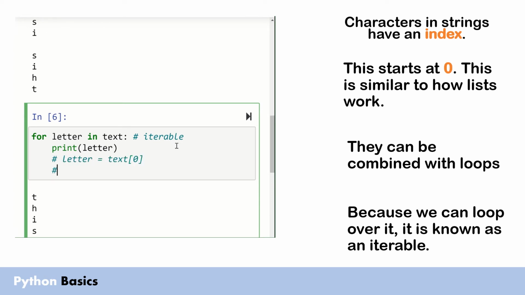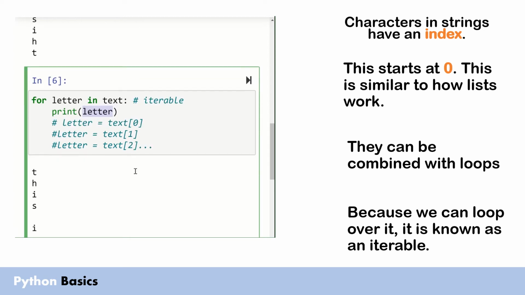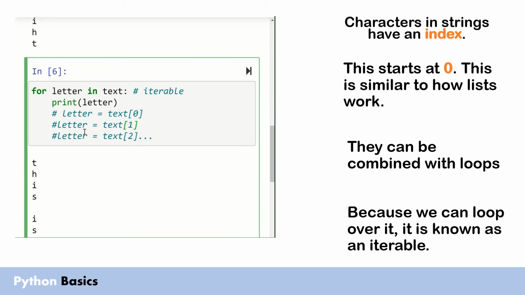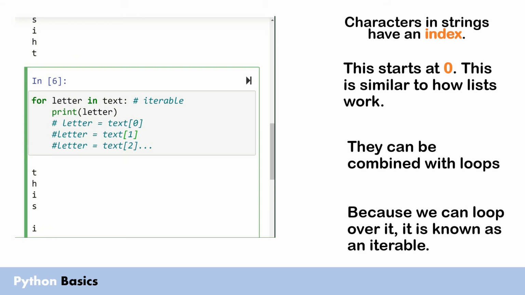Then the next time it runs, letter equals text 1. Letter equals text 2. And so on and so forth. But it does all this for you. All you have to do is whatever you want to do with that iterable. For loops you'll see a lot more on the internet when you're using text and string manipulation. That's the reason why I've decided to introduce it here.